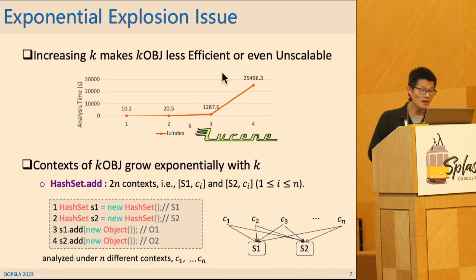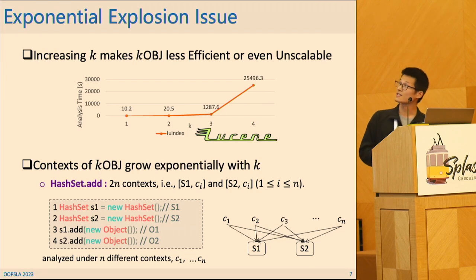The reason is that the context of object-sensitive pointer analysis will grow exponentially with K. Suppose this code snippet is analyzed in different contexts, then the add method of the HashSet will be analyzed 2n times in 2n different contexts, S1 Ci and S2 Ci, where i could be any number from 1 to n.